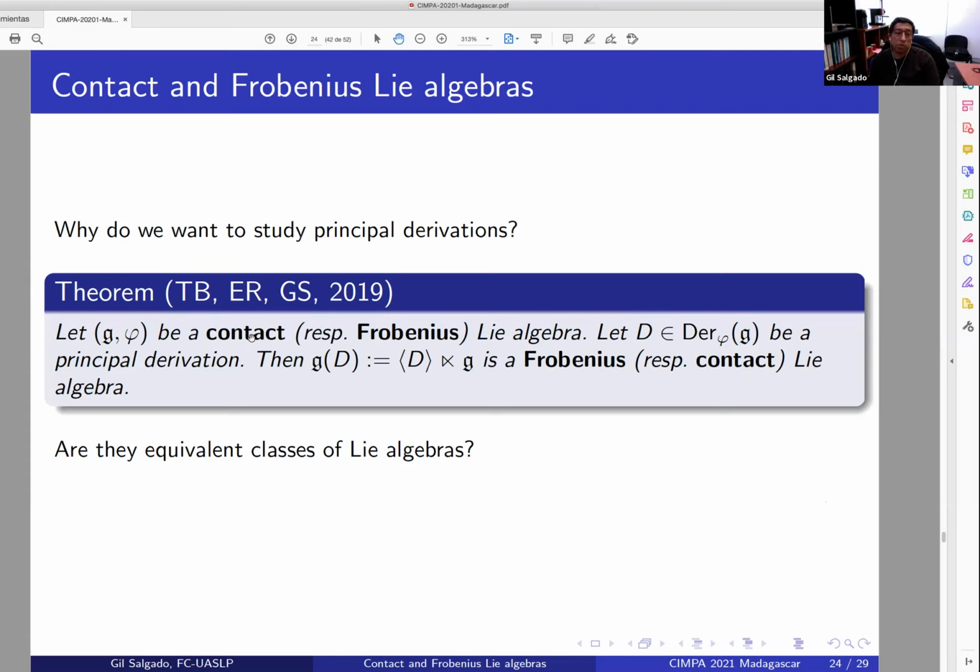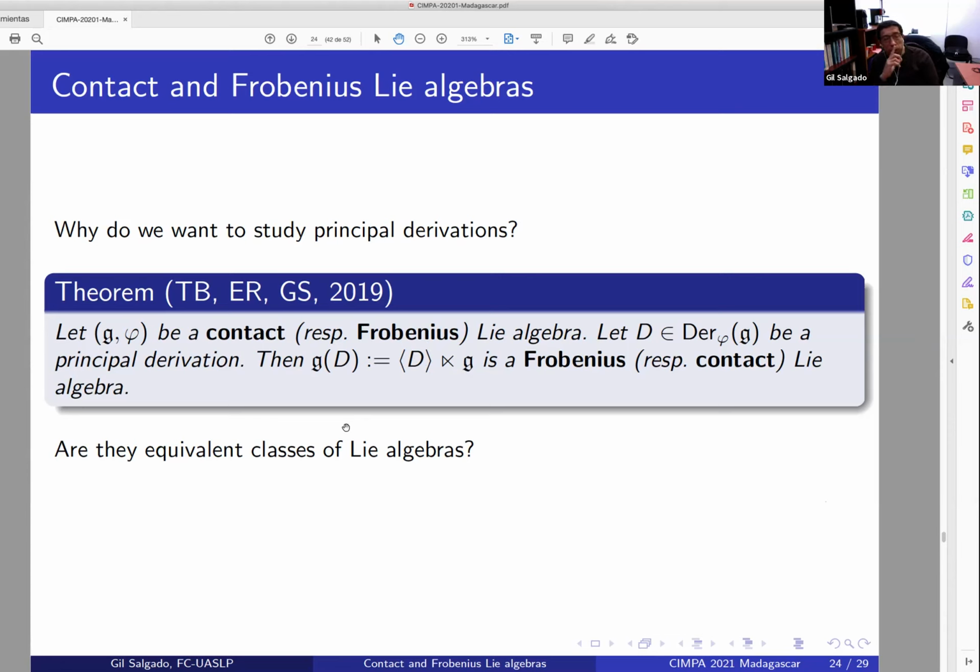And the same holds true if we start with a Frobenius Lie algebra and a principal derivation, then we can construct a new contact Lie algebra. And we are working in this space, in one of the two extensions of the double extension process.